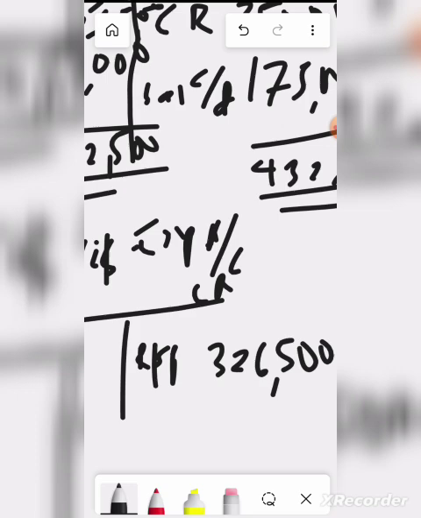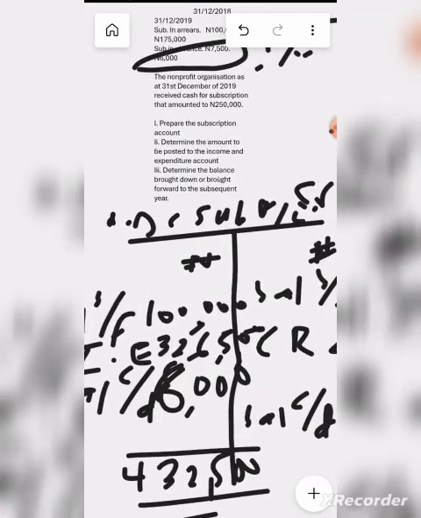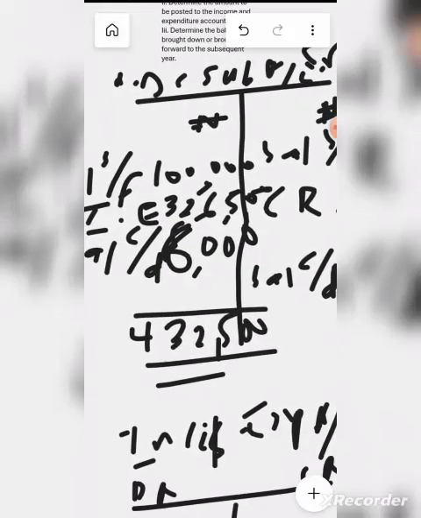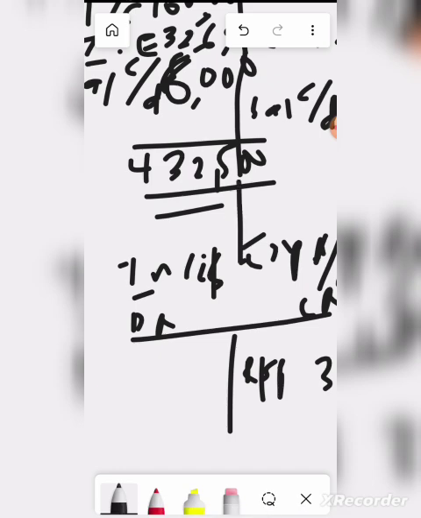Now, the third question says, let's look at that again, determine the balance brought down or brought forward to the subsequent year. Now, we have the balance carried down. So let me try and draw that again. The balance carried down, let me extend the line, okay?